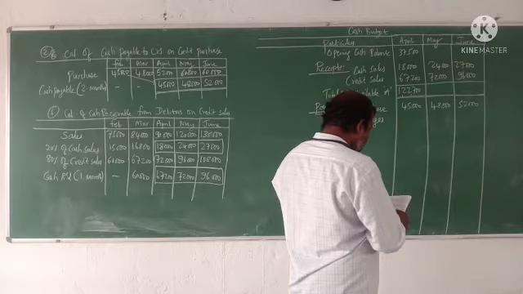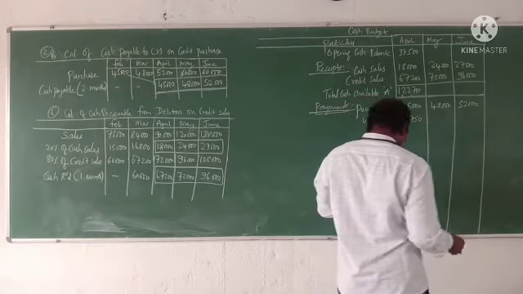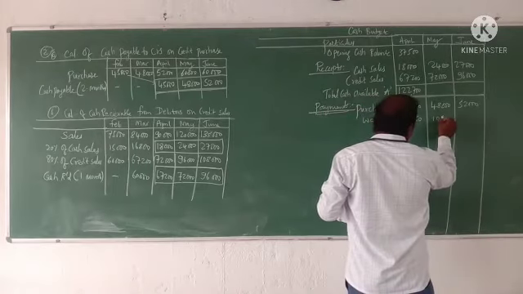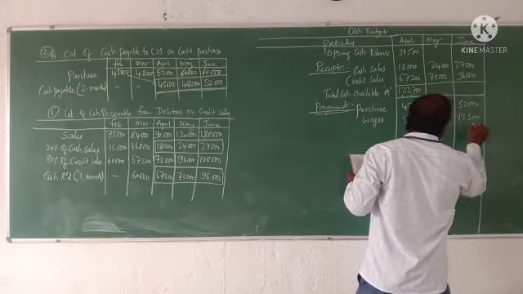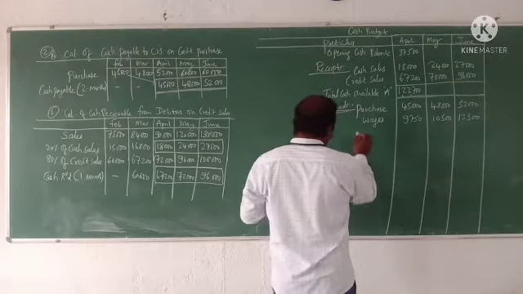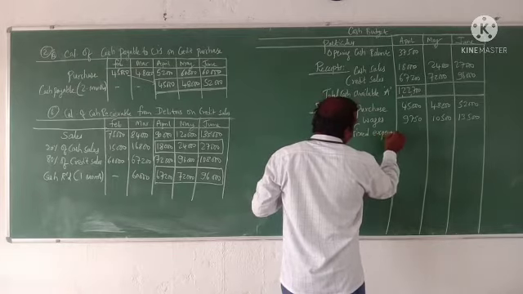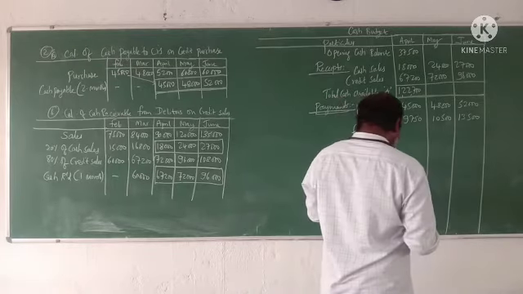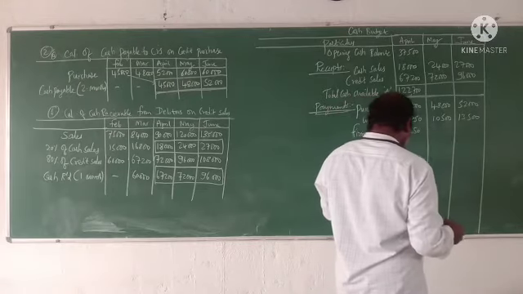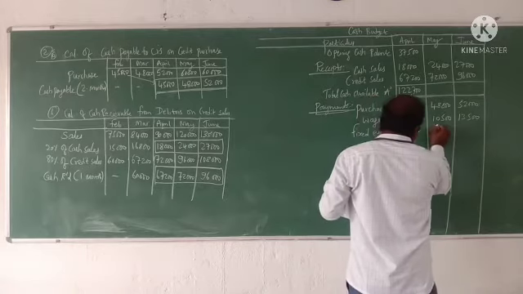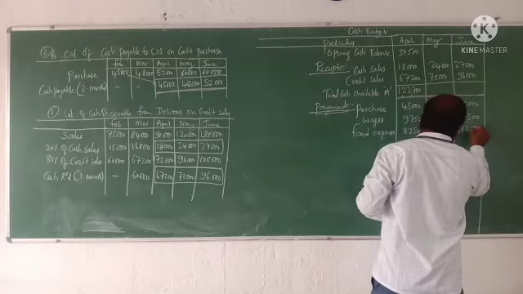So the March month amount we have to take: 9,750, 10,500, 13,500. Next, fixed expenses. Here for this also 1 month time period is given. March month will be paid in the month of April. 8,250, 9,000, 11,250.